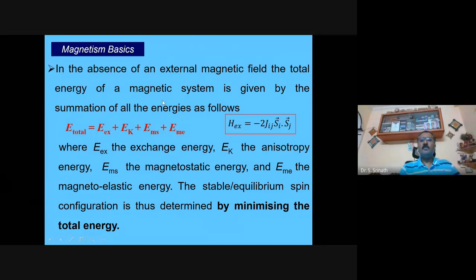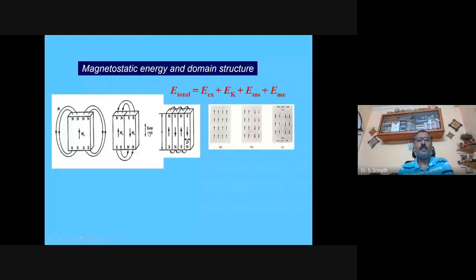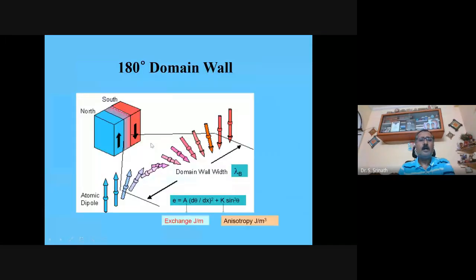I'll read this slide before we come back to that. This I already explained, except the magnetoelastic energy. I will discuss that later because people will get confused. In the previous class, I introduced this in terms of demagnetizing energy. So what I'm going to do now is, this is one domain, the blue one, and the red one is another domain.